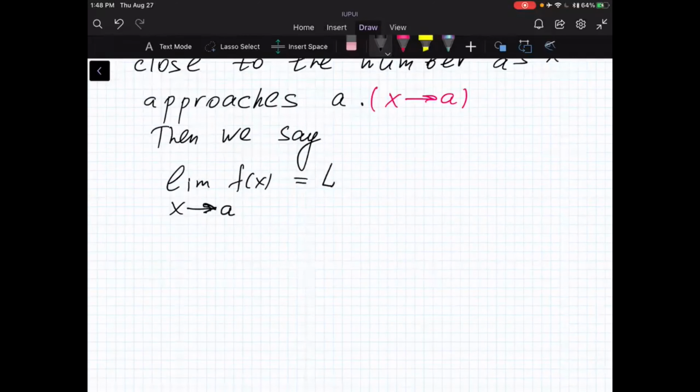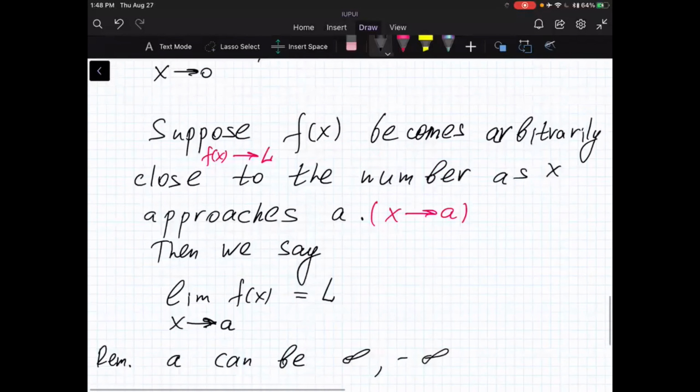And this A need not even be a finite number. That's also a remark: A can be infinity or minus infinity as well.